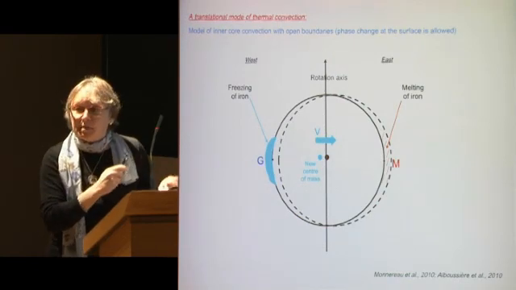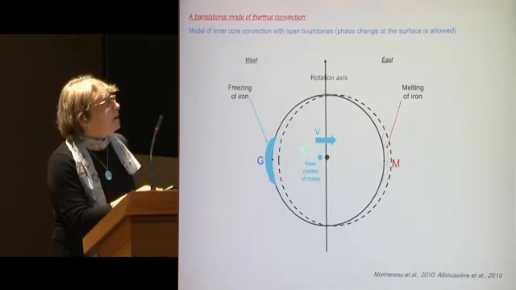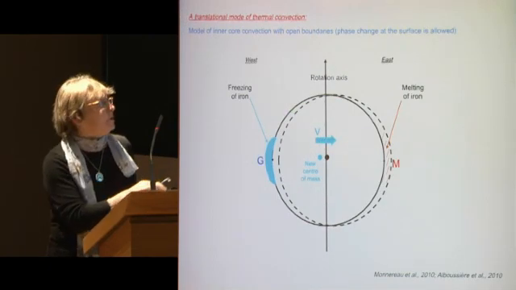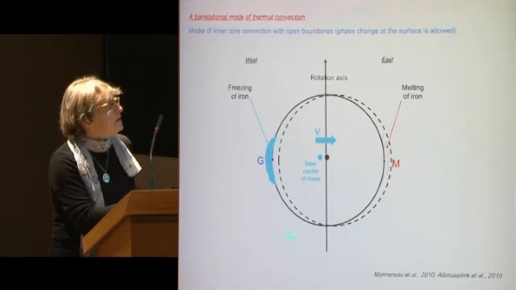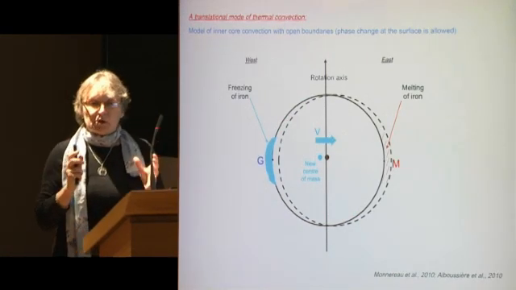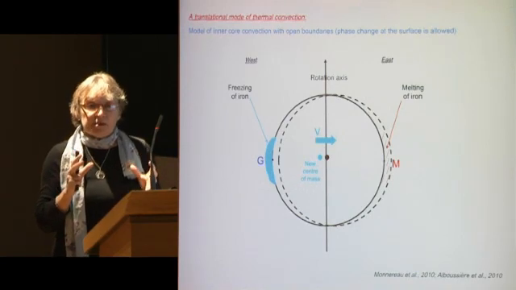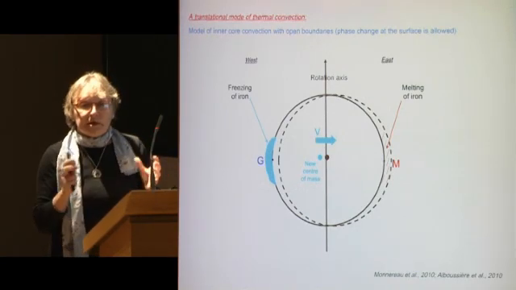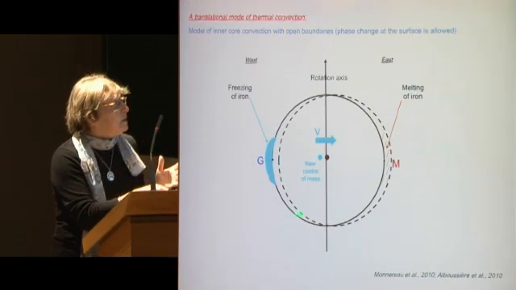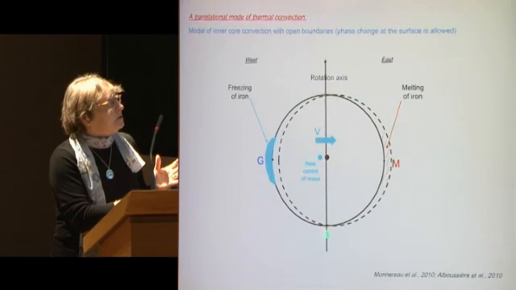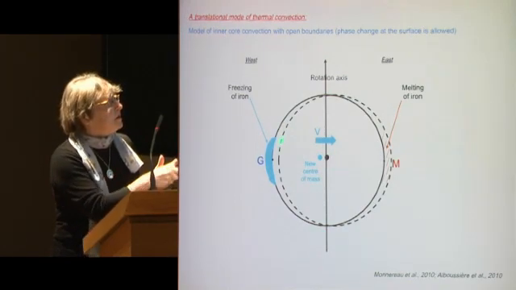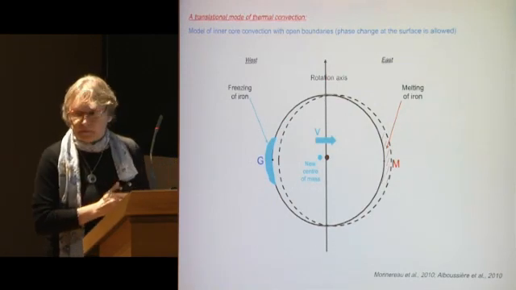So we will have this permanent motion, a permanent translation of the inner core, with freezing on this side and melting on this side. Of course, the inner core will have no displacement because it will always be very small, so the inner core remains in this place where it has a center of mass here, but permanently this will freeze and this will melt.